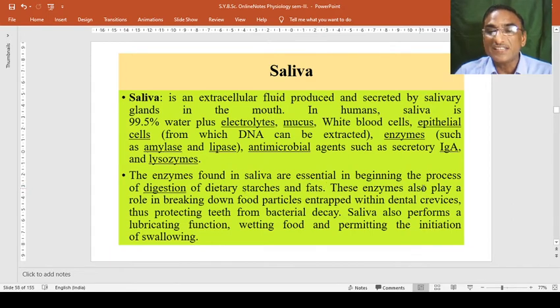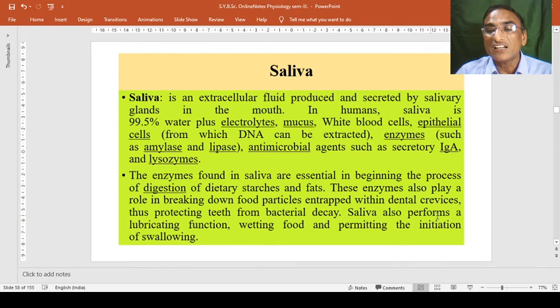These enzymes also play a role in breaking down food particles entrapped in dental crevices, in between two teeth, and thus protect the teeth from bacterial decay. So saliva also has an antibacterial action and therefore protects the body from bacterial decay.